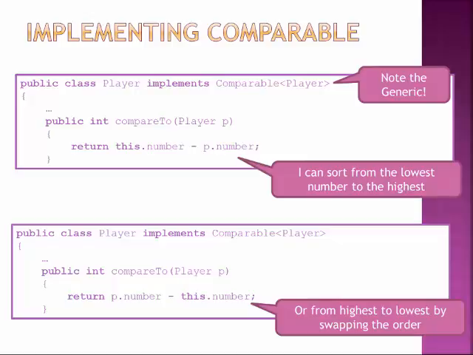I use a comparator when I want to externalize it, in which case when I create the tree set or the tree map, I add the comparator to the constructor, and then I won't use the comparator inside the object. It's going to use it externally, in which case I can have more than one. I can have a player number comparator, player name comparator, backwards player name comparator, name number comparator, however I want to do that. It's up to you to have multiple logic ways and be able to sort that out.